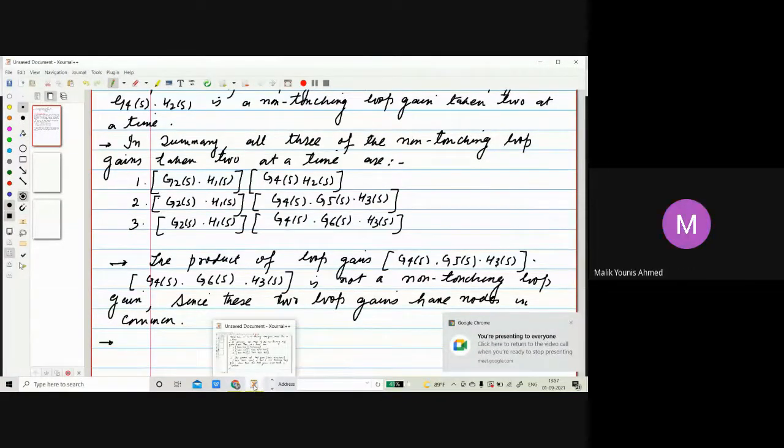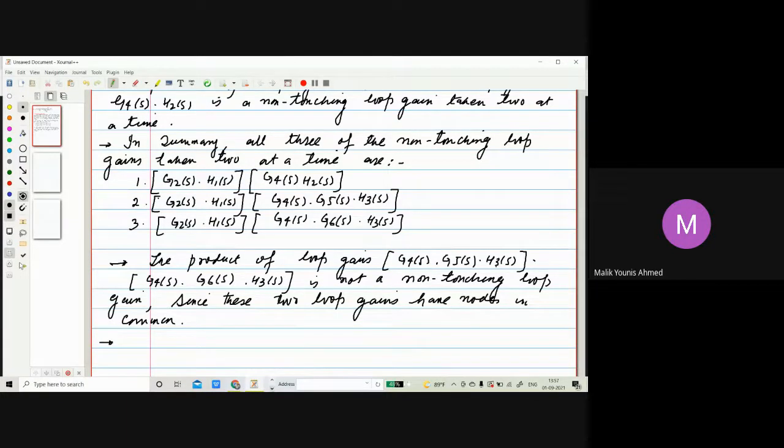Walaikum salam. Tell me the reason why in our example we can't consider three non-touching loop gains. Why will we not consider three non-touching? There are no three non-touching loop gains. Sir, because there is a common node, like H3 is common in these.